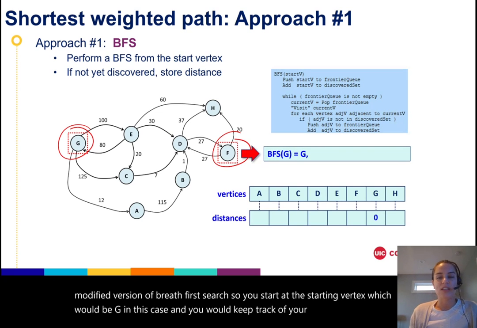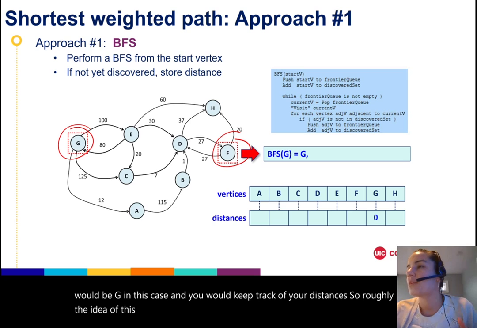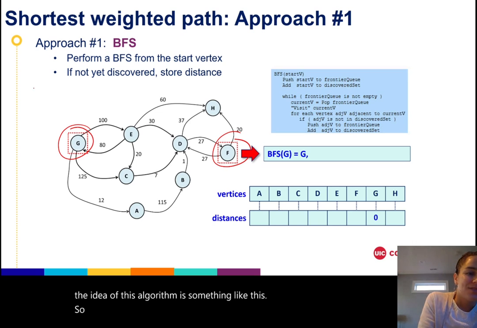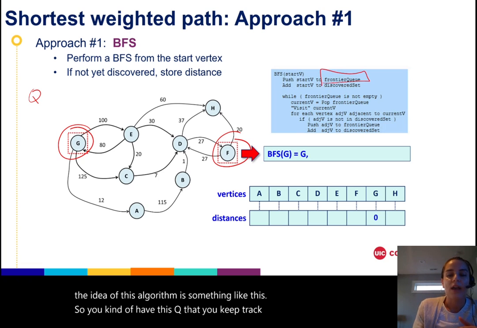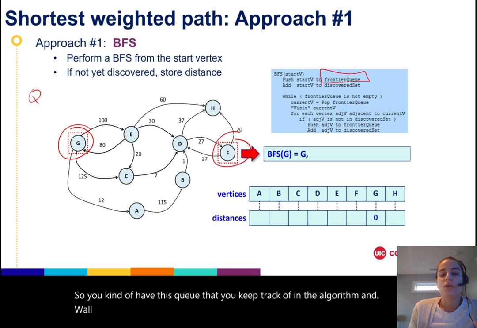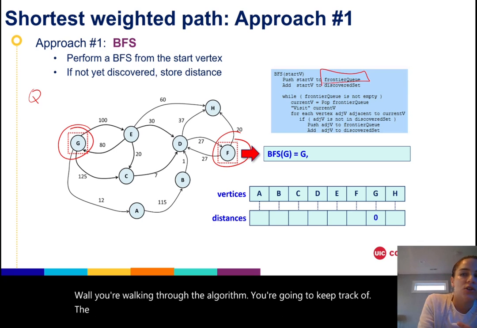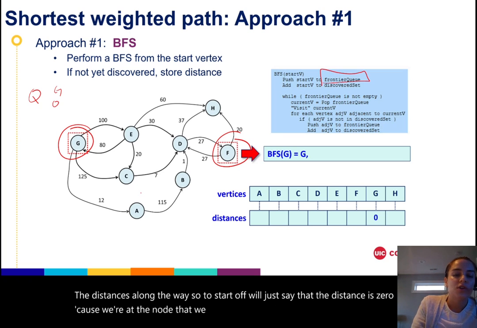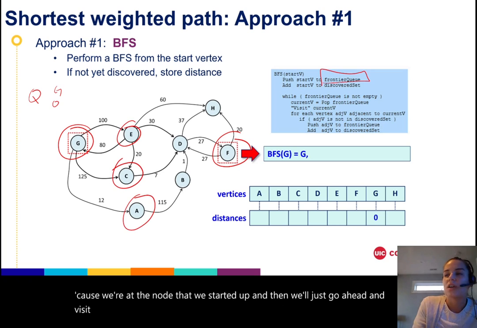Roughly the idea is that you have a queue that you keep track of in the algorithm anyway, and while you're walking through the algorithm, you keep track of the distances along the way. To start off, we'll say that the distance is 0 because we're at the node that we started at. Then we'll visit all of the neighbors of the node that you're at.